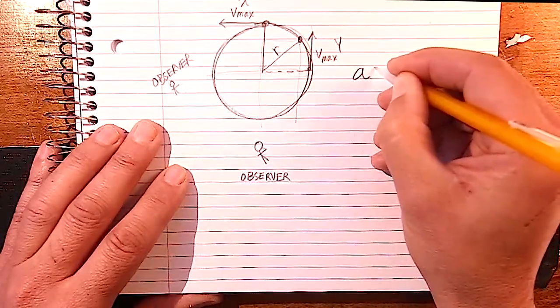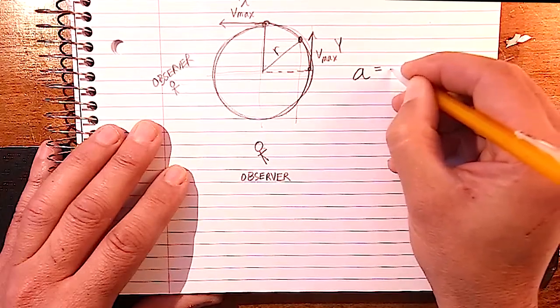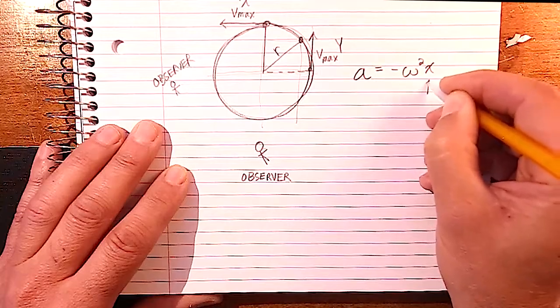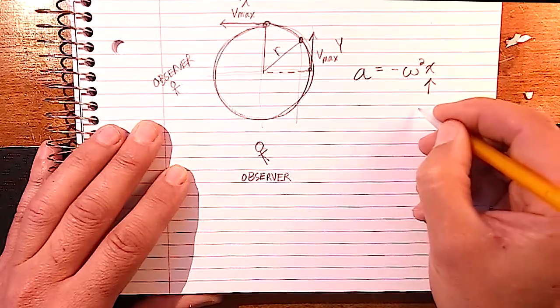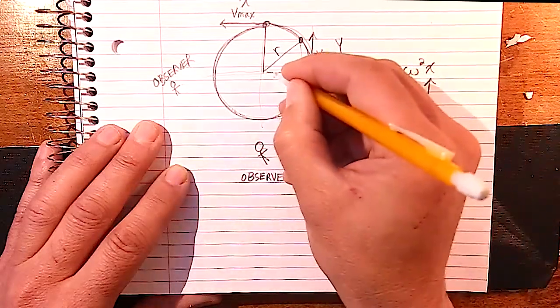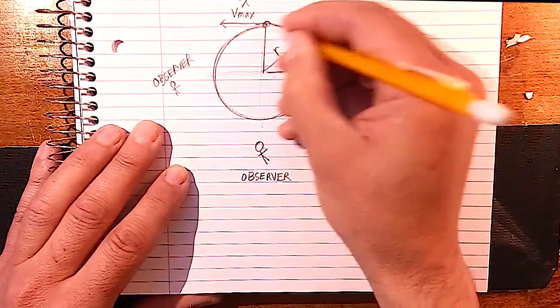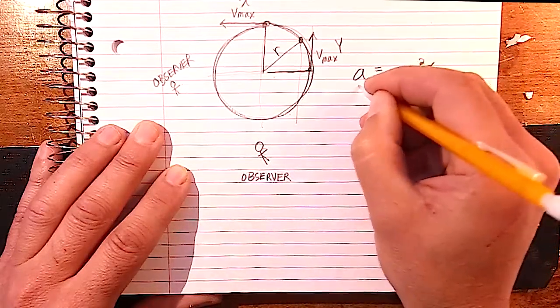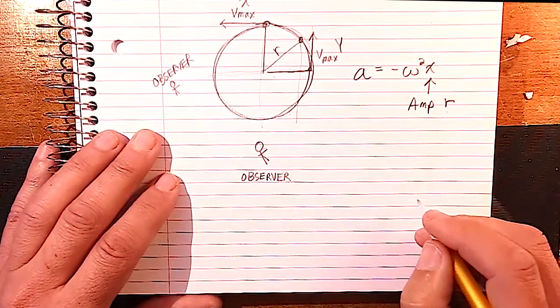And we know that that acceleration is going to be equal to minus omega squared x, where x is what? Well, x is going to be the amplitude. And what's that amplitude? That's going to be the maximum position. And the entire time, that amplitude is r, and that's constant, so the acceleration is constant.